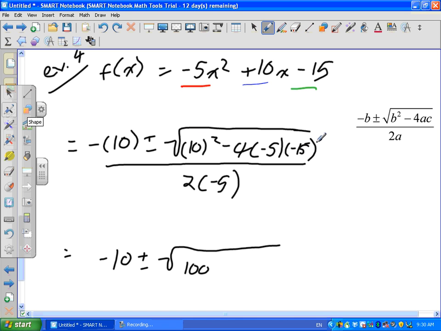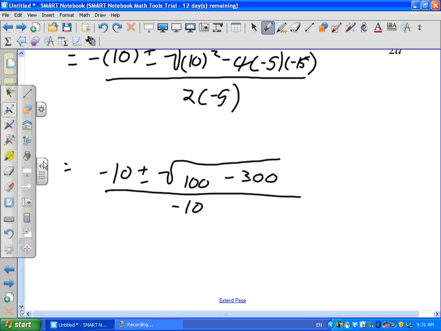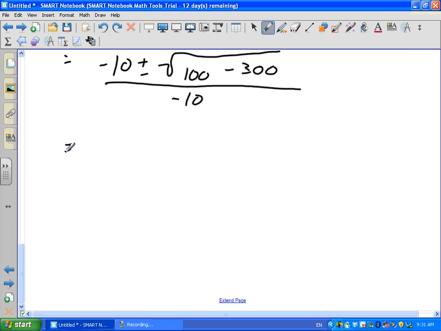Now, negative 4 times negative 5 is positive 20. Positive 20 times negative 15 is negative 300. All above negative 10. What is that going to mean? Negative 10 plus or minus the root of negative 200.